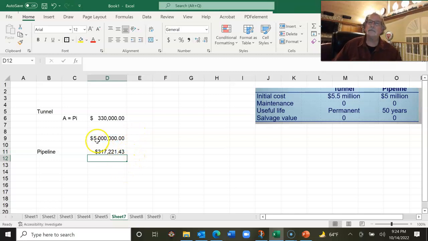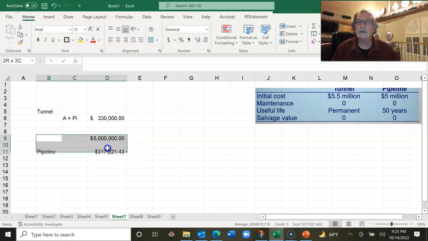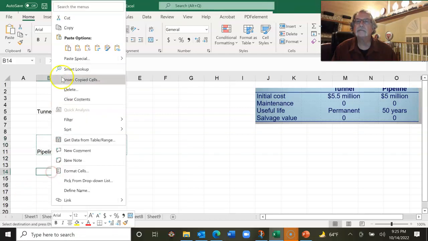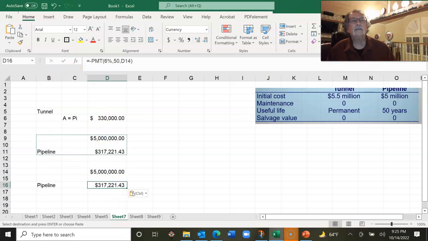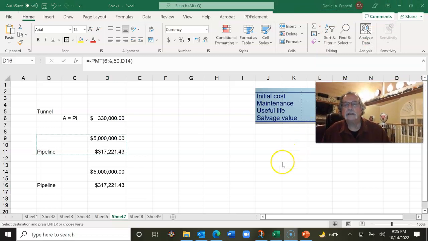Okay, so this is our base case. And now we're going to try doing some goal seeking. And what I want to do is find out how much different this $5 million has to be to make this value equal to $330,000.